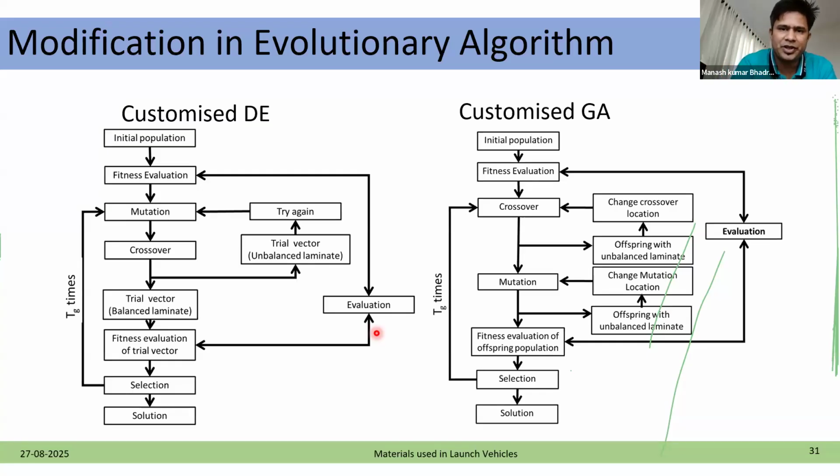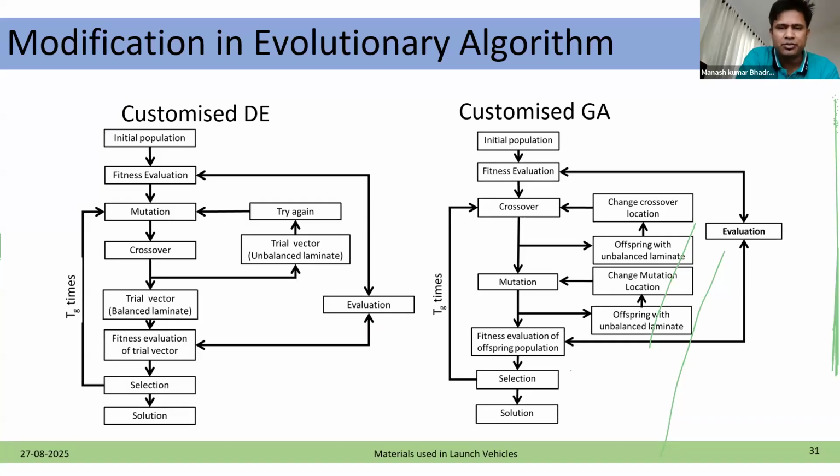But this method of implementing the constraint is proven to be time consuming because evaluation is the most time consuming step. So we should first check the balanced constraint and the symmetric constraint without actually evaluating, and the evaluation should take place only for the population which is satisfying all these constraints. So this is how the time aspect is playing a role.